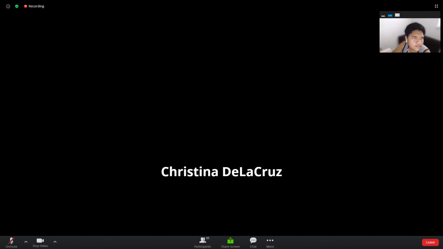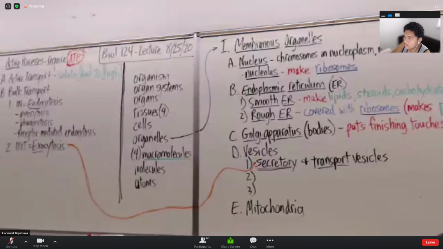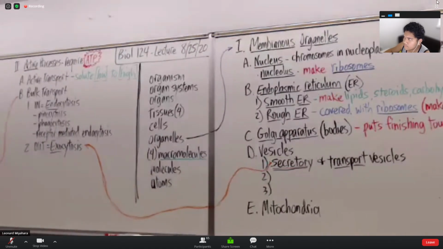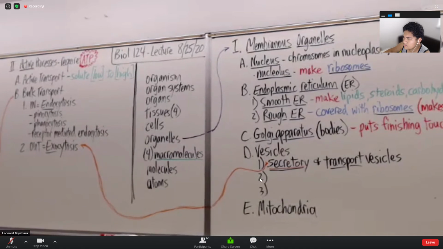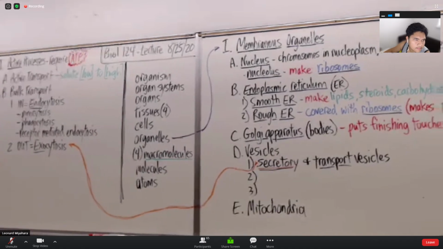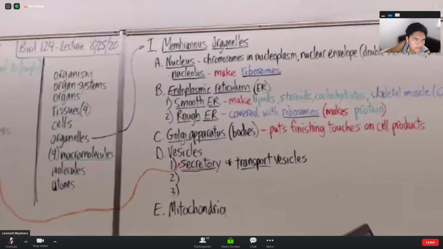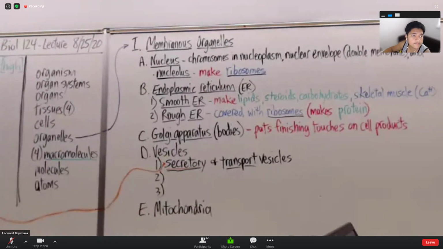That orange line is going to exocytosis. Connecting dots, understanding. The more you understand, the less you have to drill in boring repetitions.